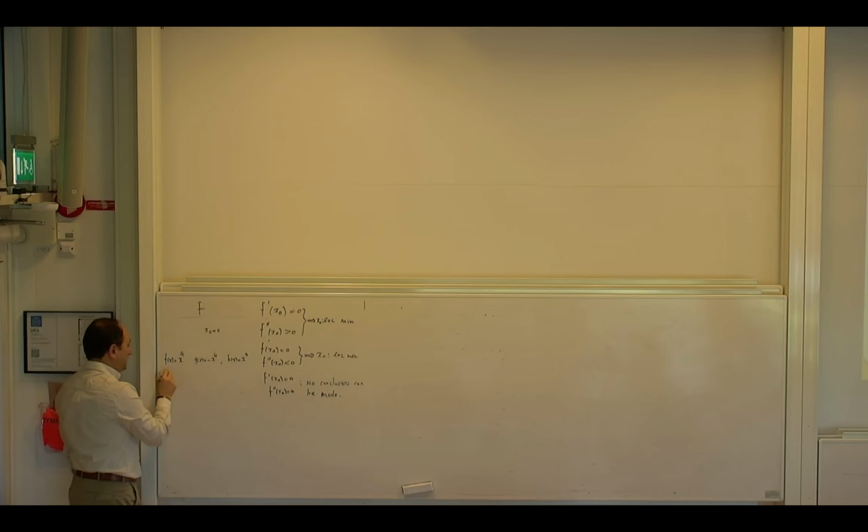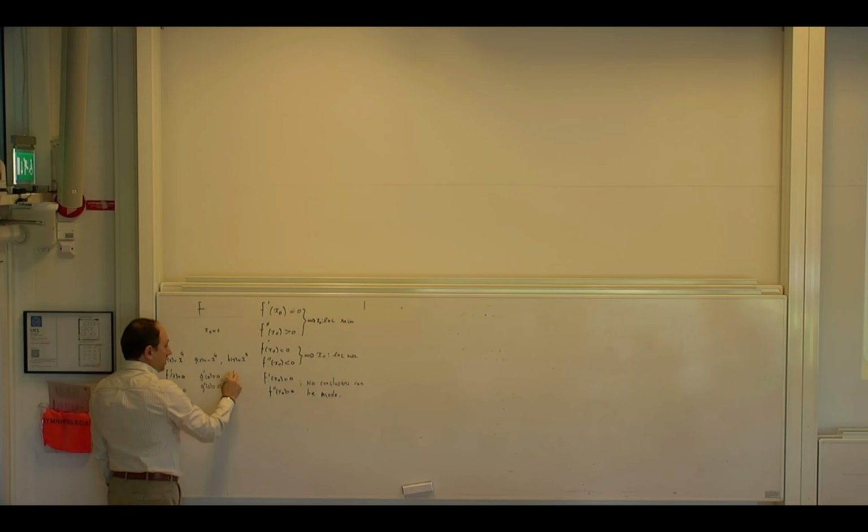Do you agree that f prime of 0 is 0 here? Do you also agree that f double prime of 0 is 0? So both of them are 0. The same is true here: g prime of 0 is 0, because this minus sign doesn't change anything, and g double prime of 0 is also 0. Here, h prime of 0 is still 0, and h double prime of 0 is also 0.